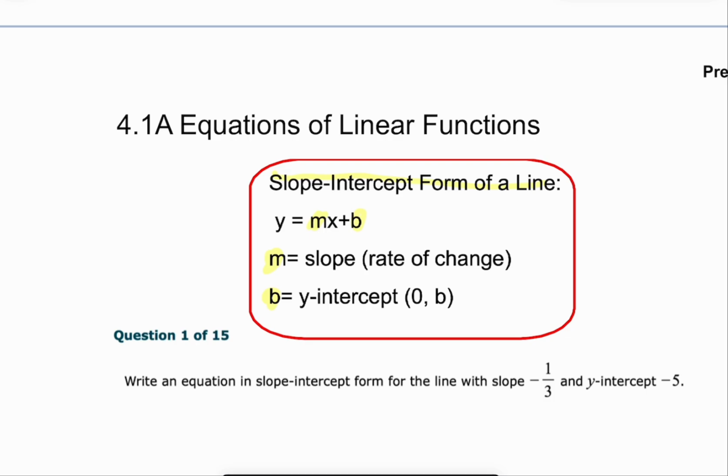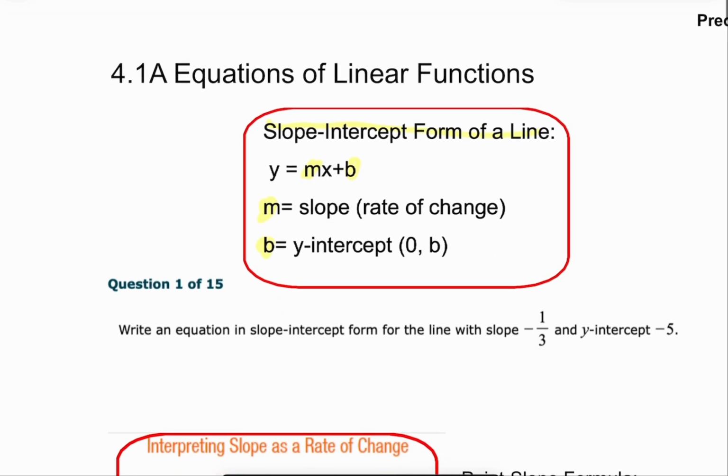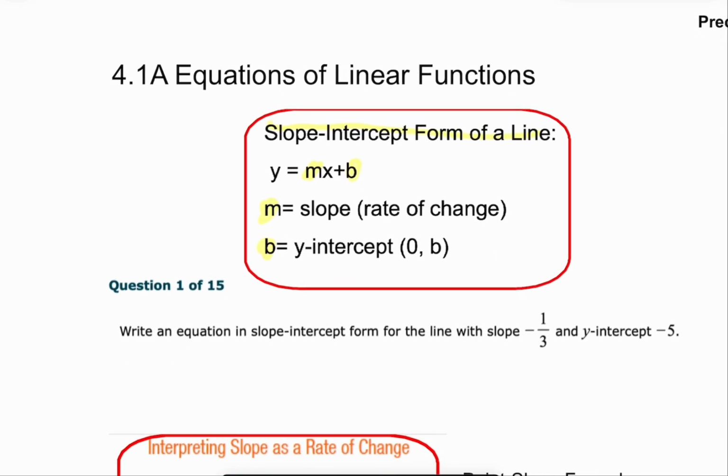Now, if we are given the slope and the y-intercept, we can use that form of a linear equation to just plug that information in, and we will have our equation of the line. So here they have told us that our slope is negative 1/3, and our y-intercept is negative 5.